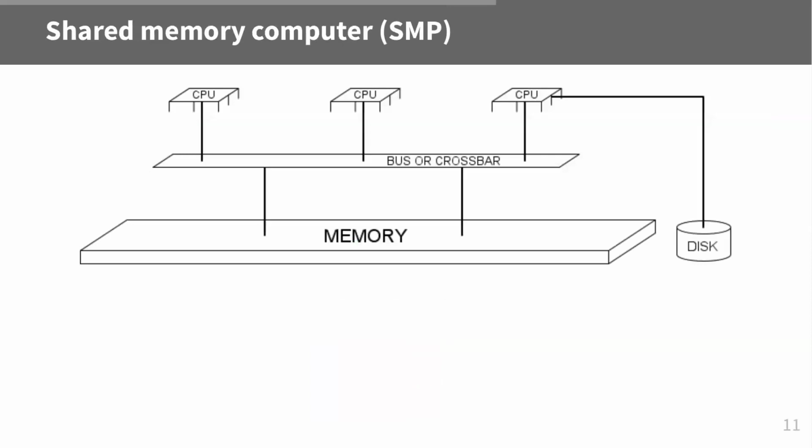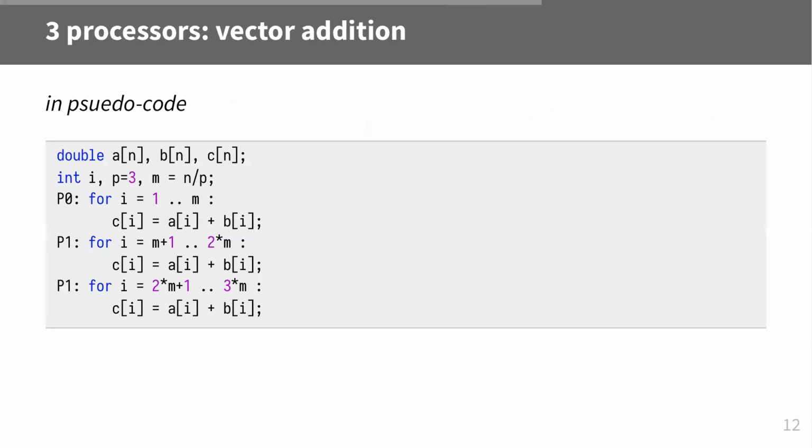Now, if we go to the next level up, let's say we have a very simple system that has 3 CPU cores. Those cores have access to the same memory, obviously, so this is a shared memory system. Then if you have 3 cores that you can do the vector addition over, as illustrated in this pseudocode, you take those 3 arrays and divide the elements up across them.